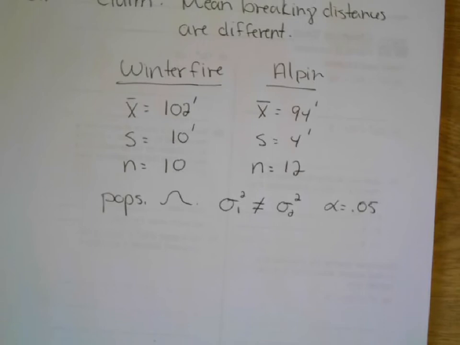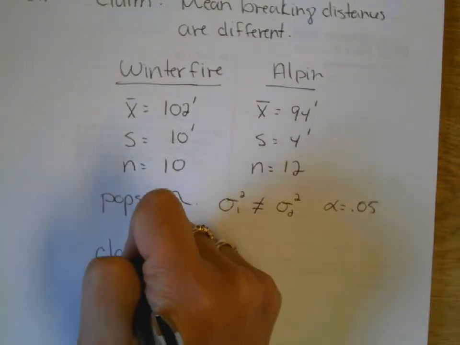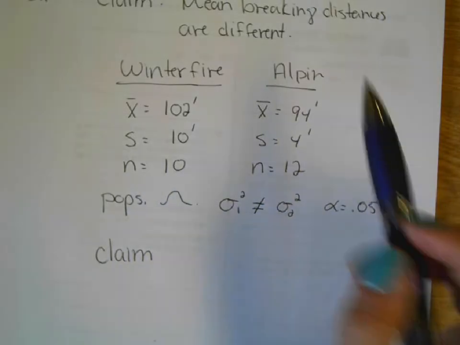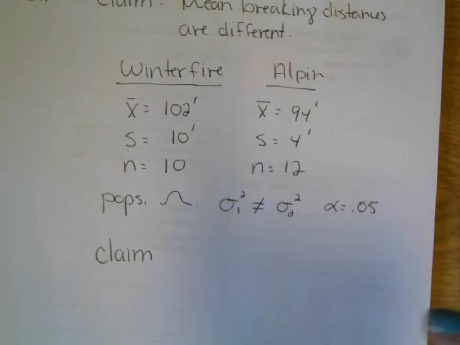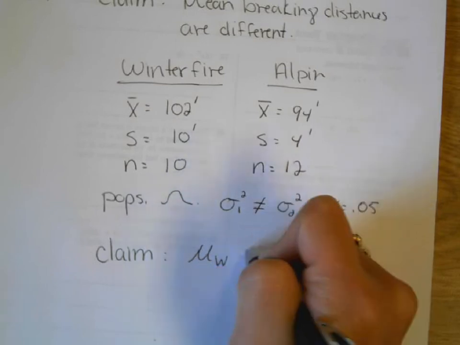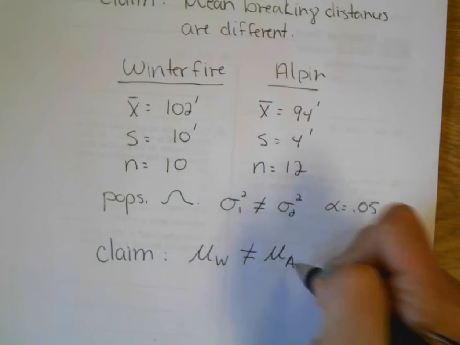All right. So we're going to rewrite the claim with our symbol and then write it as a subtraction. It doesn't matter which one you put first, Winter Fire or Alpen, but the claim is that they are different, not equal. So the mean of the Winter Fire is not the same as the mean of the Alpen.